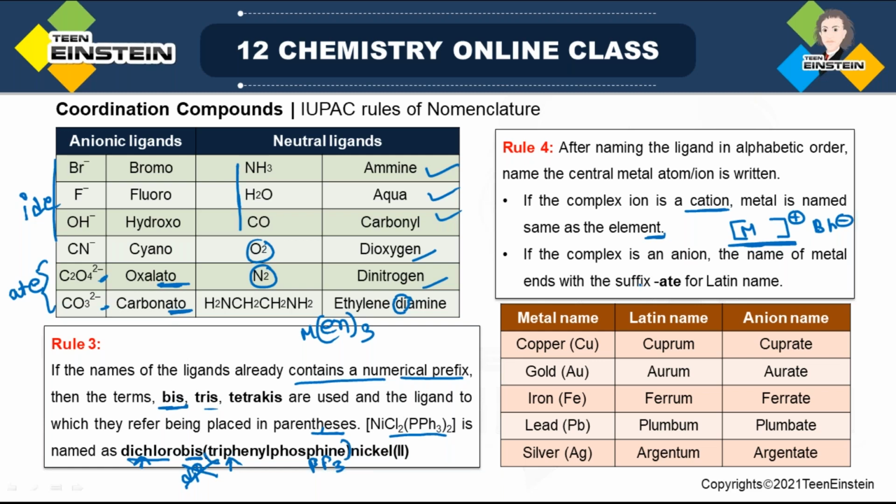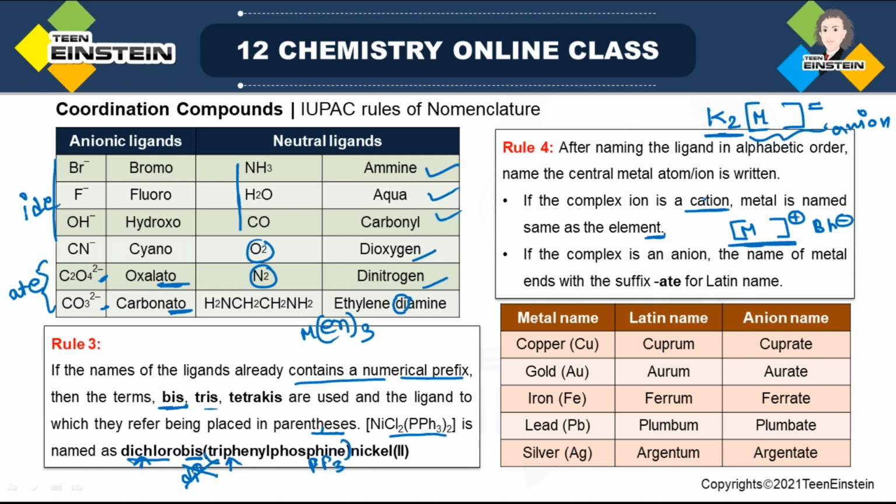But if it is part of an anion, suppose now you have another type of complex, K2, and then inside the coordination sphere you have some metal. So now 2 positive charge, and this is carrying 2 negative charge. So now the coordination part is basically an anion, and the metal belongs to this anionic part.